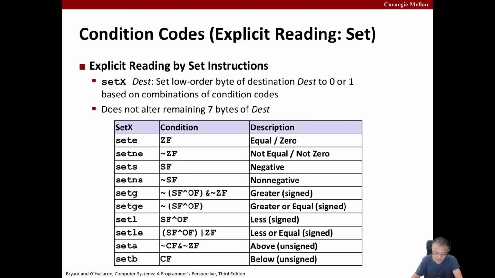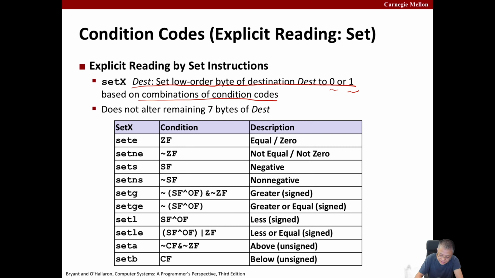Okay, so there is also a set instruction. The set instruction is very interesting. It will set the lower byte, or the byte of a destination, to either 0 or 1 based on the condition.